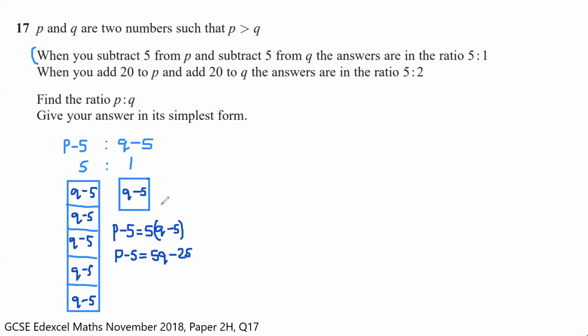Then we can simplify it a little bit further by adding 5 to both sides so that we end up with P on its own being equal to 5Q, adding 5 to this side as well, 5Q minus 20 rather than minus 25. And to make this as simple as possible, I'll draw some method lines so we can add 5 to both sides.